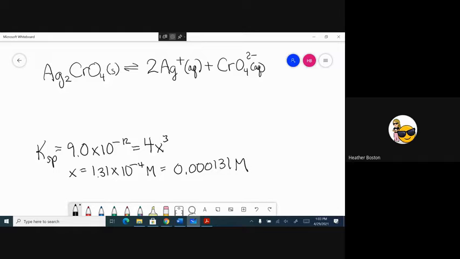Therefore, at equilibrium, the concentration of chromate ions is 1.31 times 10 to the minus 4, because only 1 piece comes on, but twice as many silver, for 2.62 times 10 to the minus 4 molar silver ions.